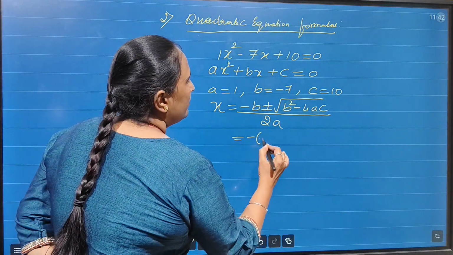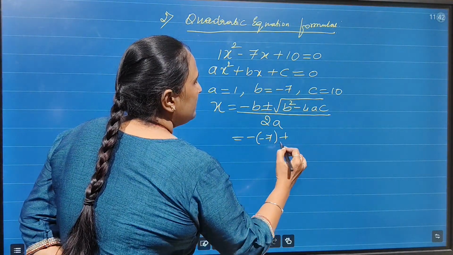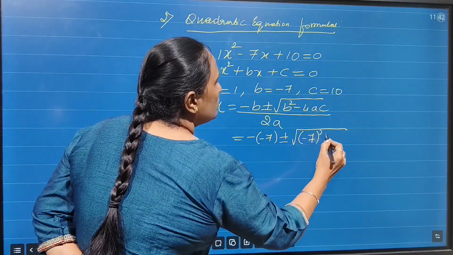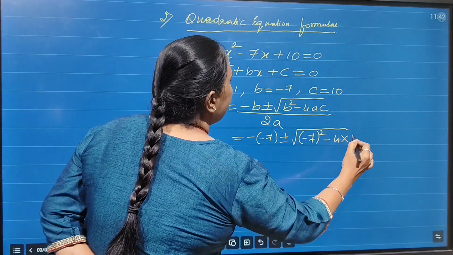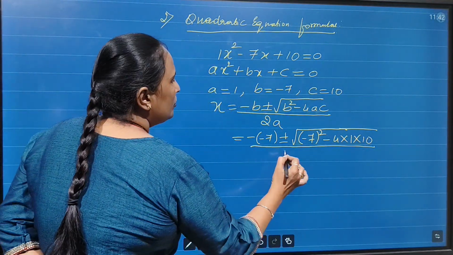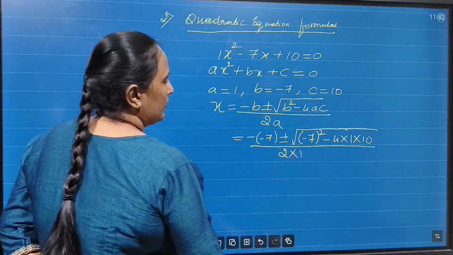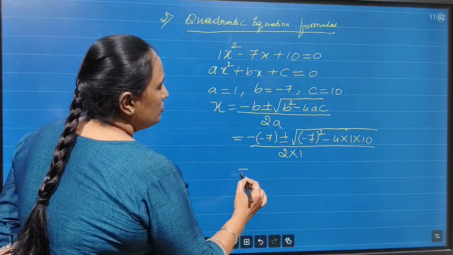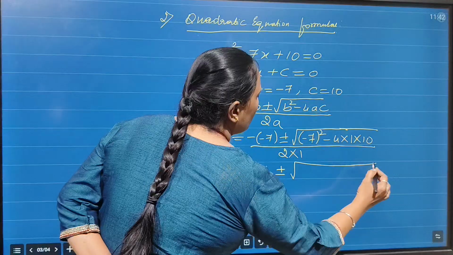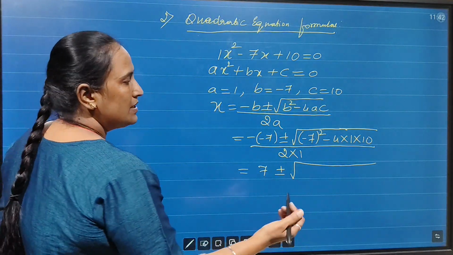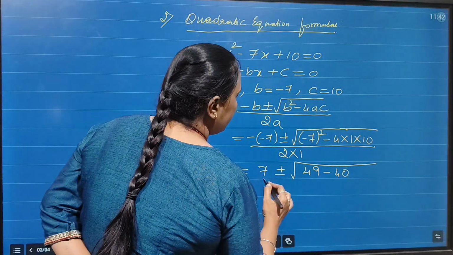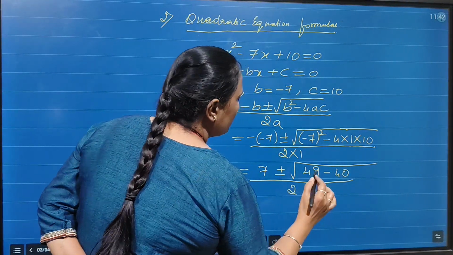Minus of b is minus of minus 7, plus or minus square root of minus 7 whole square, minus 4 into a is 1, c is 10, divided by 2 into a is what? 1. Now minus into minus is what? Plus 7 plus or minus square root of minus 7 whole square is 7 sevens are 49, 4 tens are 40, divided by 2 into 1 is 2.